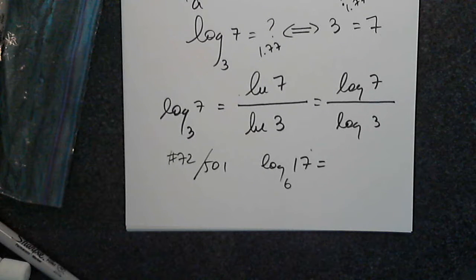Now, it is possible that your sophisticated calculators, the new ones, allow you to put in the base you want, but you still have to know the change of base formula.